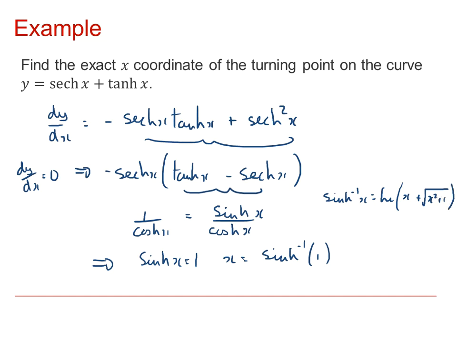So therefore we have here that x must be equal to natural log of x, which is 1, and then plus the square root of x squared plus 1, so root of 1 squared plus 1, which is root 2. So our answer is that x is equal to log 1 plus root 2.